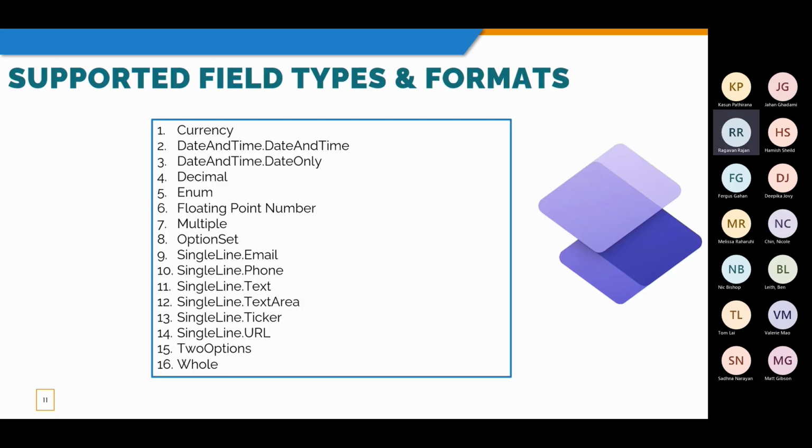So currently you can see these are the field types and formats which are currently supported, starting with currency, and then you can see email, text area, and then the two options which is mostly used, and then some option set as well. So this is currently supported through React, Angular, and Vue.js, and you can also use vanilla JavaScript as well, but TypeScript is the officially supported language.